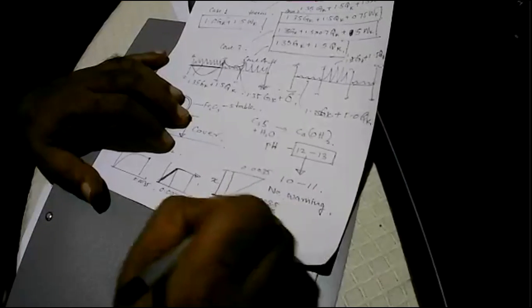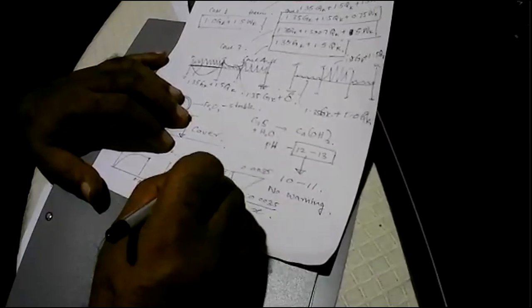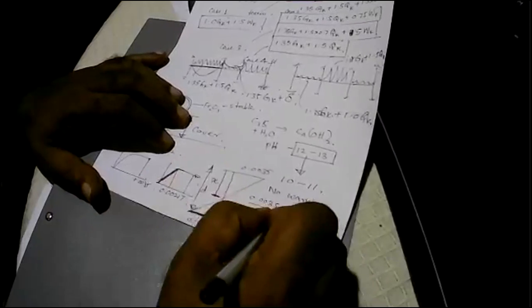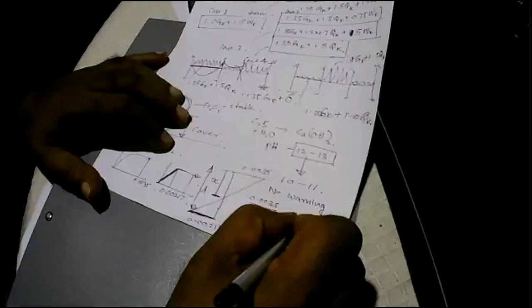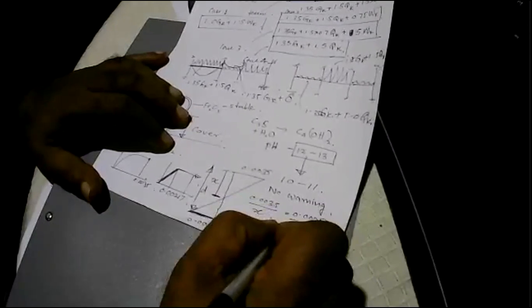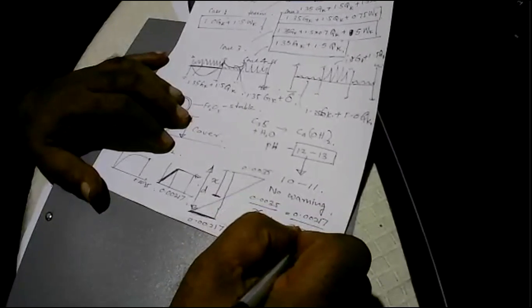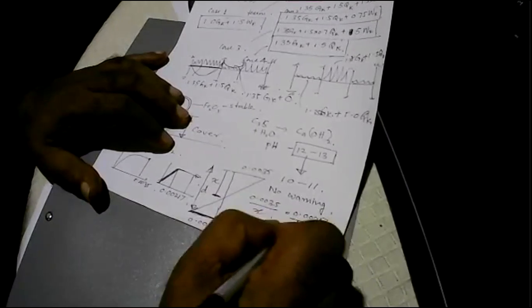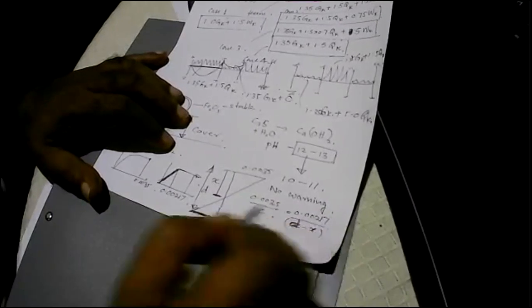The first thing is to find x, and you will find that 0.0035 divided by x is equal to 0.00217 divided by d minus x, where d is the depth to the reinforcement.